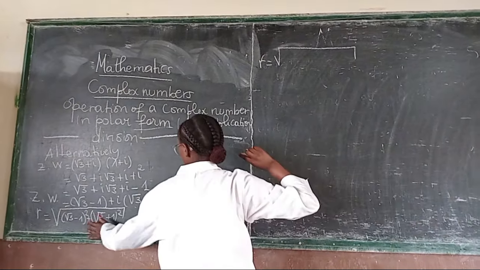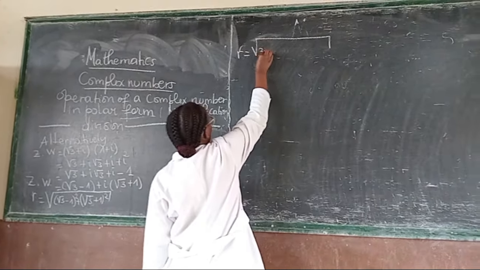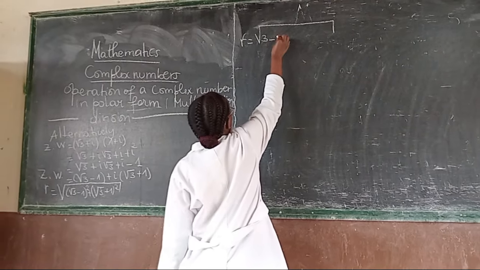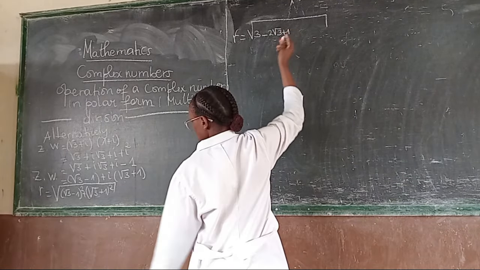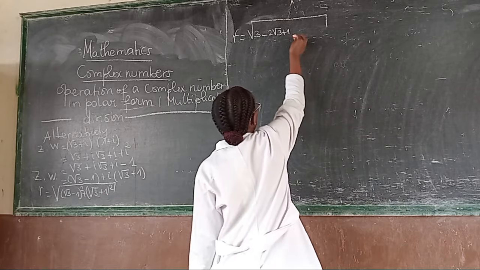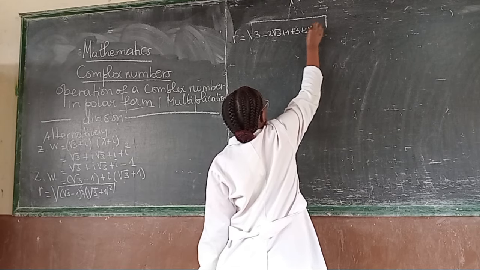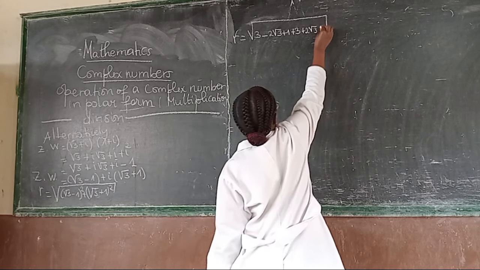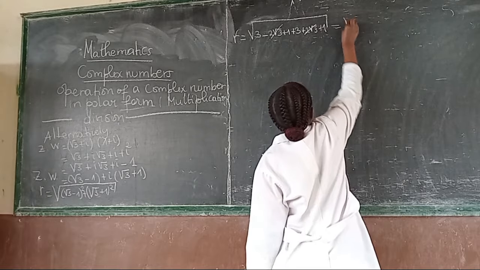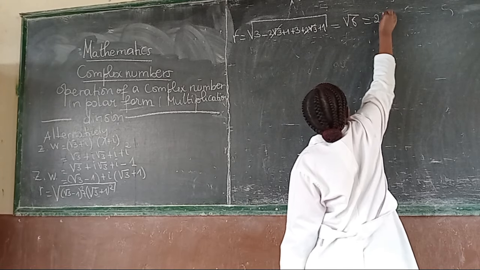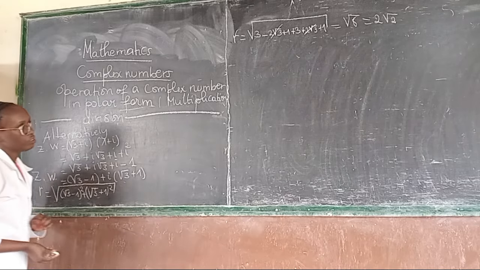We are going to expand what we have inside. Square root of 3 squared, we will have 3 minus 2 square root of 3 plus 1. For the next factor we have plus 3 plus 2 square root of 3, then plus 1. Here we simplify and we stay with square root of 8, which will give us 2 square root of 2. That is the modulus of z times w.